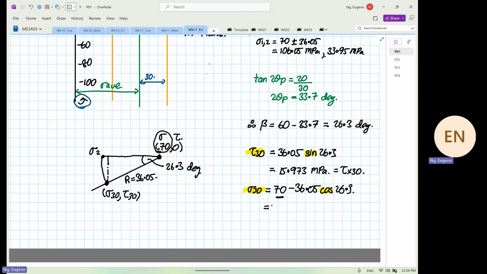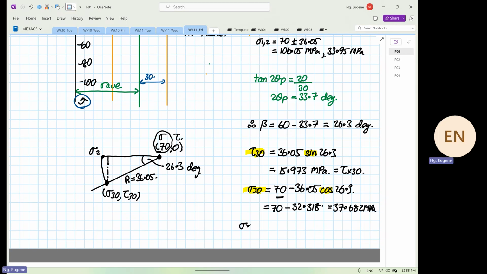So from here, you have 70 minus cos 26.3 times 36.05 is equal to 32.318. Let me do it again. 36.05 times cos 26.3, 32.318. So 70 minus 32.318 is equal to 37.682.